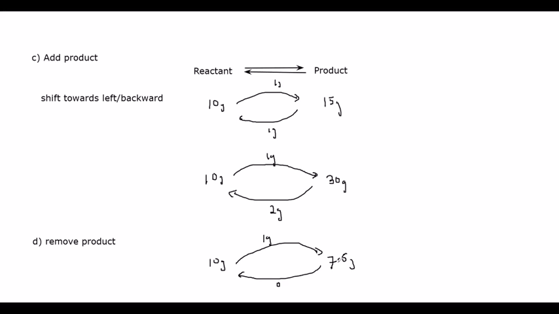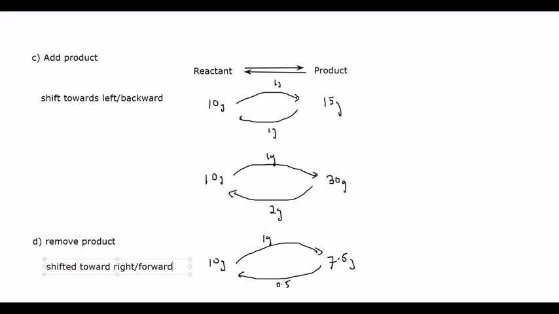If I decrease the amount of product, I made it 7.5, so this will be 0.5. What it shows is that the equilibrium is shifted towards the right-hand side, or forward. The forward is faster and the backward is slower. So we call that the equilibrium shifted towards the right-hand side, or forward.